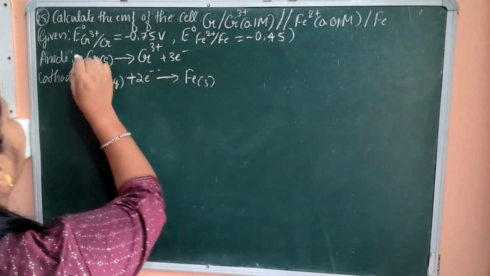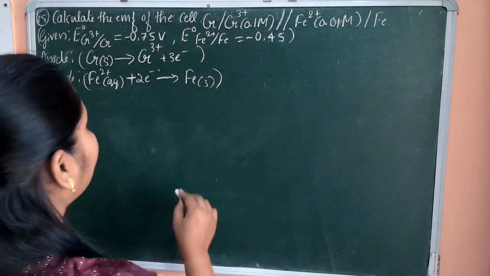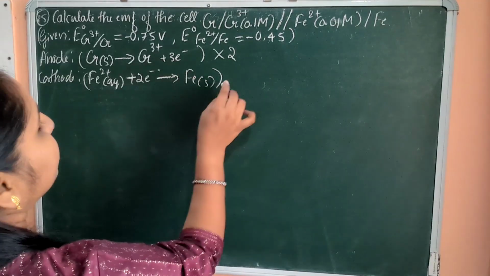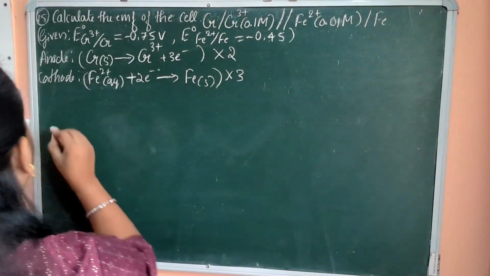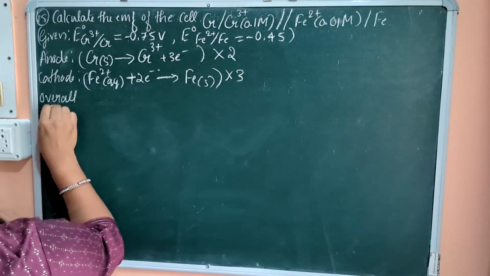To balance the number of electrons in both the half cell reactions, I am multiplying by 2 for the anodic reaction and by 3 for the cathodic reaction. Let me write the overall cell reaction now.